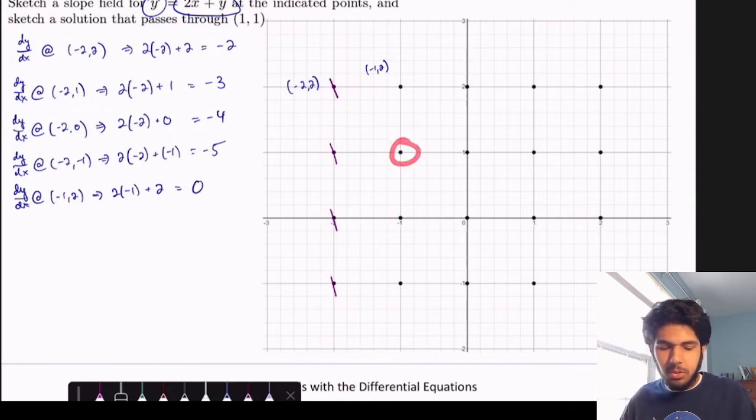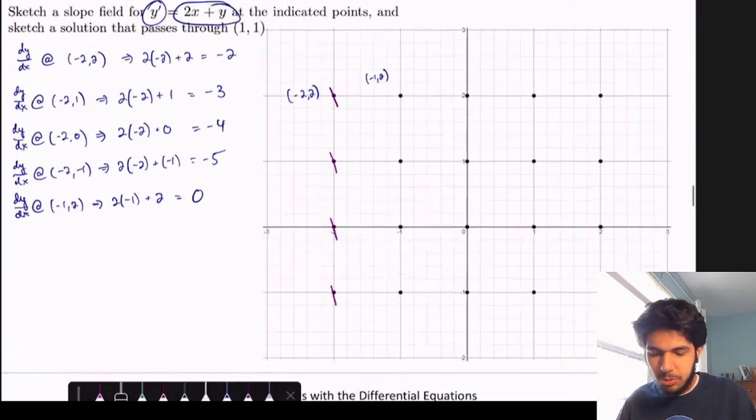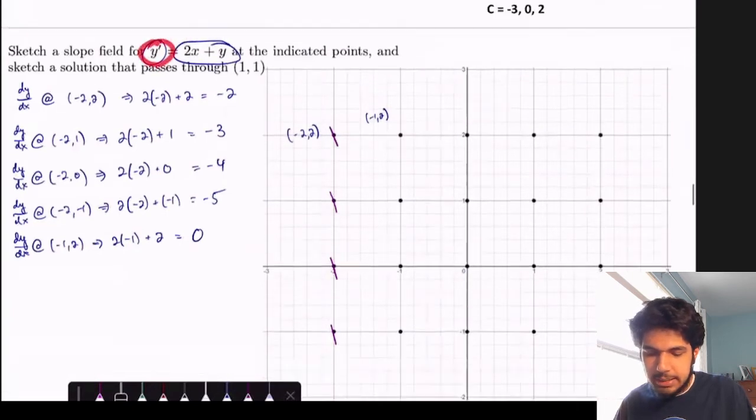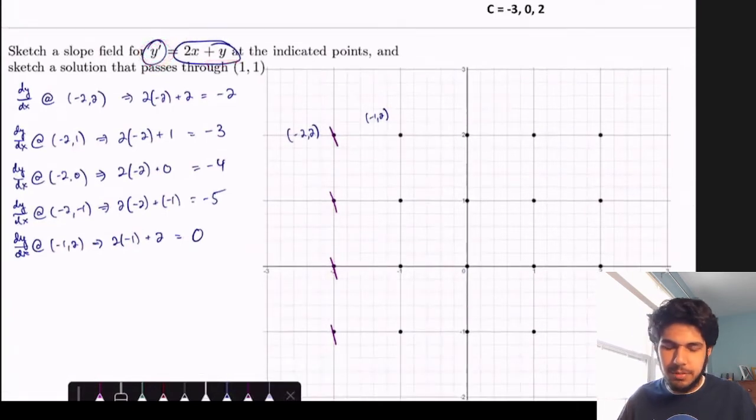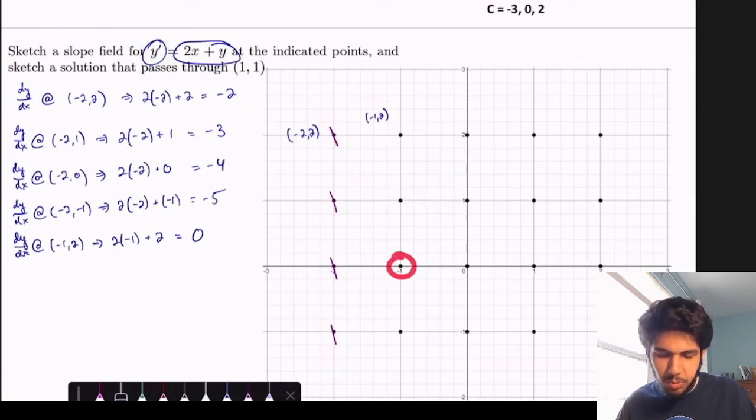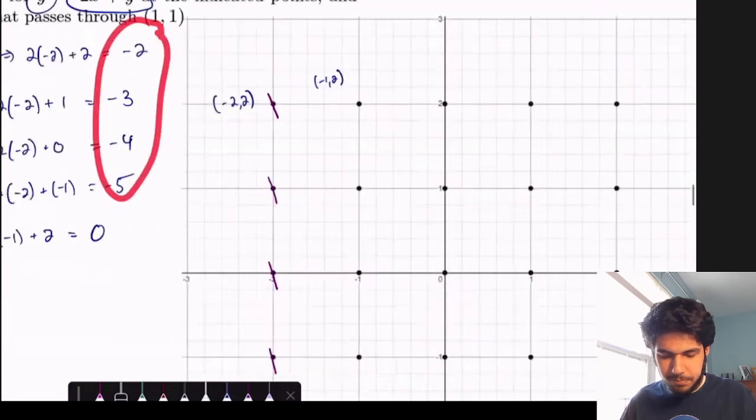Here, the only difference between this point and the previous point is the y-coordinate jumps down 1. So we expect the value of dy/dx to be 1 less than the previous one. So if this is 0, this will be negative 1, this will be negative 2, this will be negative 3. And we saw that pattern here.